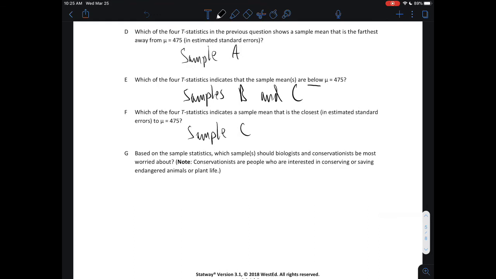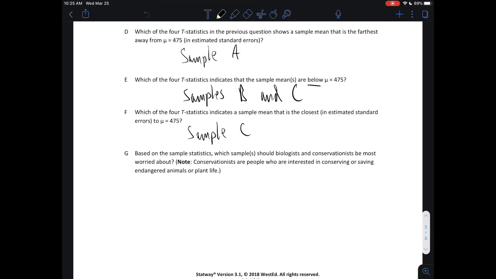And then finally part G. Based on the sample statistics, which sample or samples should biologists and conservationists be most worried about? Note, conservationists are people who are interested in conserving or saving endangered animals or plant life.